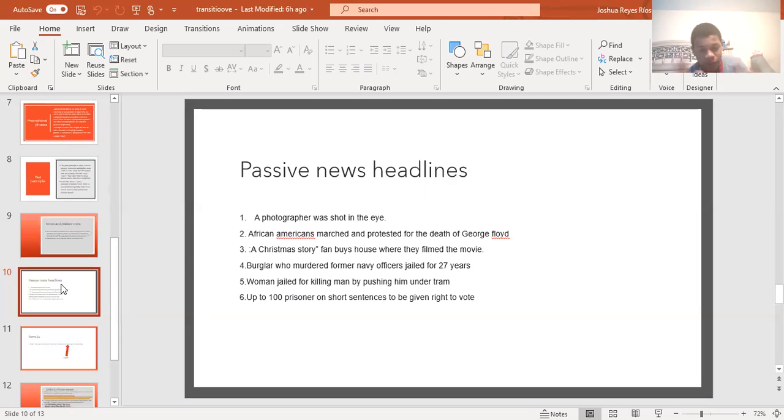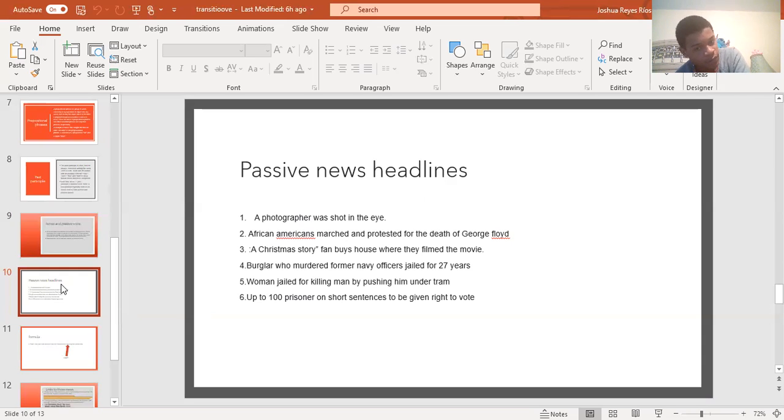I know it's kind of dark because of killing people, but don't worry. Jailed, still using suffix ed. If I was going to use it without ed, I would say a woman was jailed for killing man. It's still the same thing, but I added was.